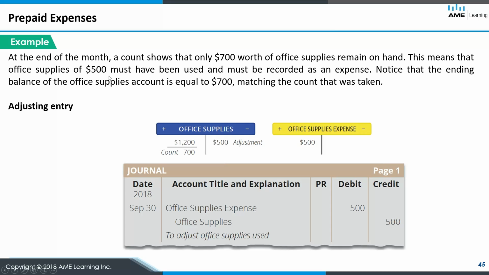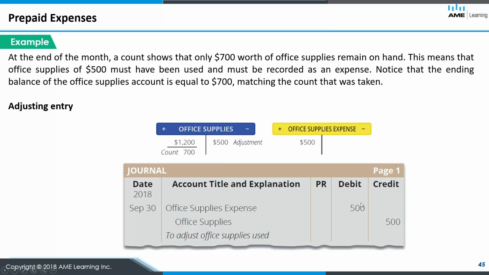By inference, we come up with this adjusting entry to reduce the balance of office supplies, which would show as $1,200 if we hadn't made this adjustment. If we didn't make the adjustment, it would continue to stay $1,200, which would be wrong because we went out and counted and there's only $700 left. So in order to correct the balance of that asset, we reduce it by $500 and we increase the expense.